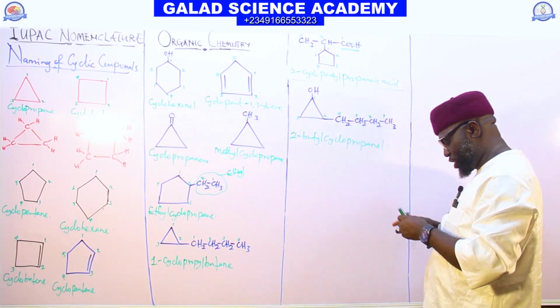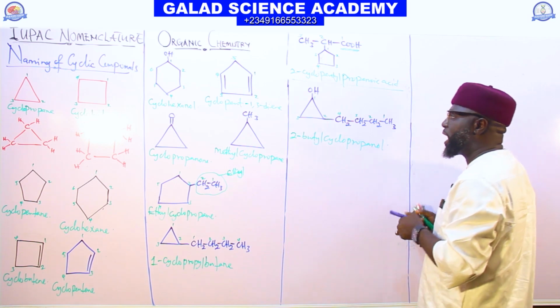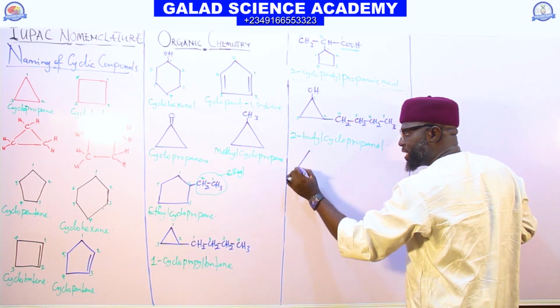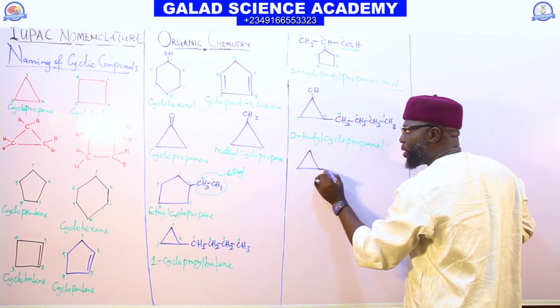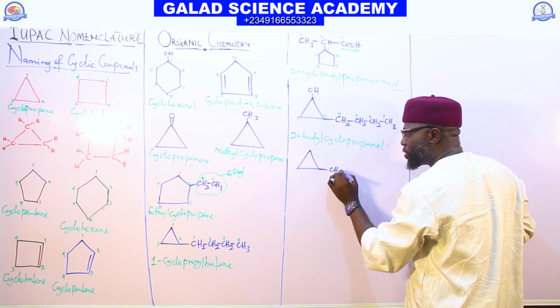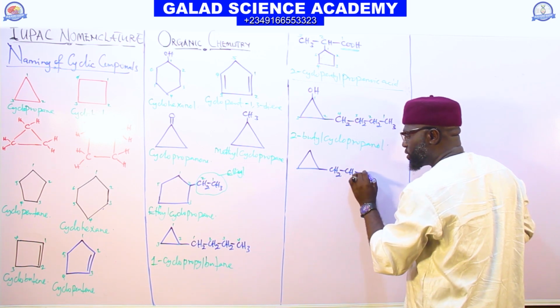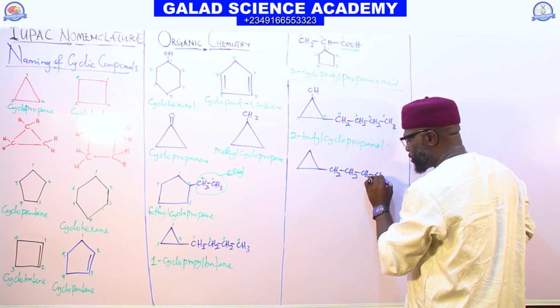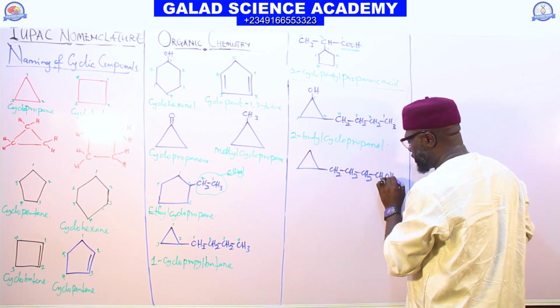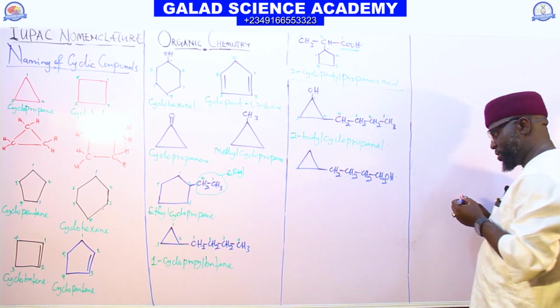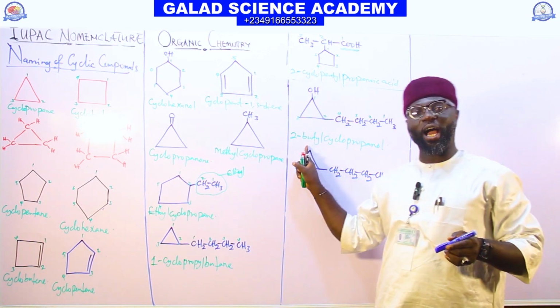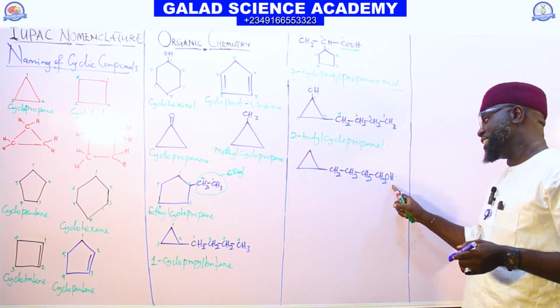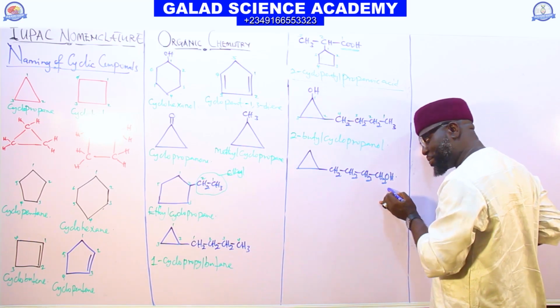Let me change this same question. Assume we have what? In this form. I will have CH2, CH2, CH2, CH2OH. What will be the name now? The OH is no more here. This one has the OH. Therefore, this one will be the what? The parent chain.